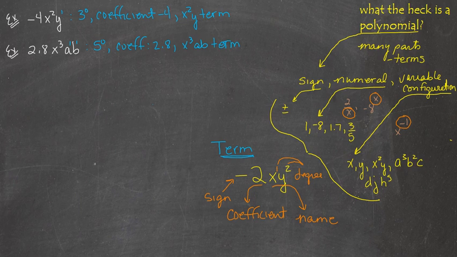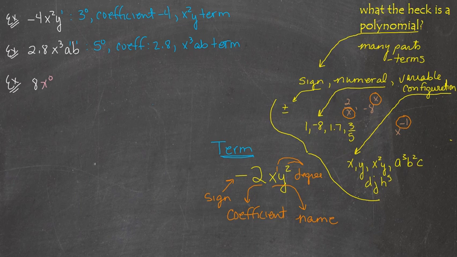Okay, let's do another one. 8. Is 8 a coefficient? Is 8 a term? Well, there's a sign. It's a positive 8. There's a numeral. The numeral is 8. And there is a degree, a variable configuration. There is, believe me. The variable configuration actually on this is that the x has a 0 power.